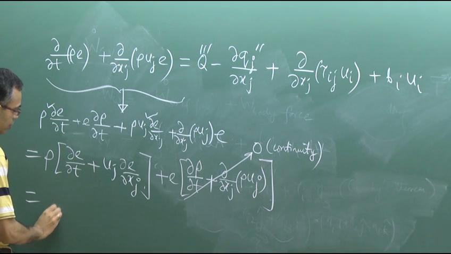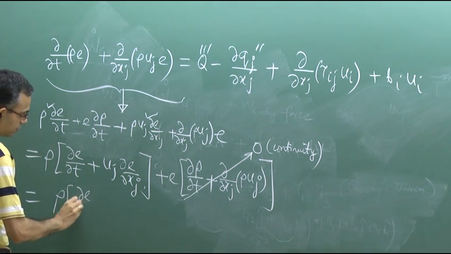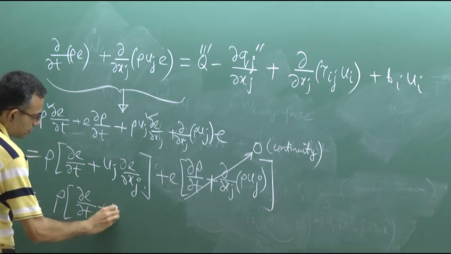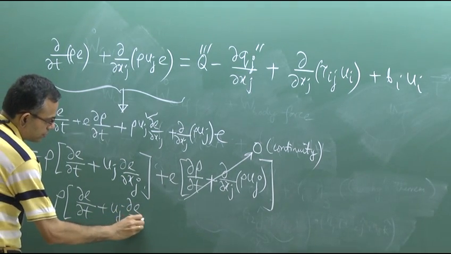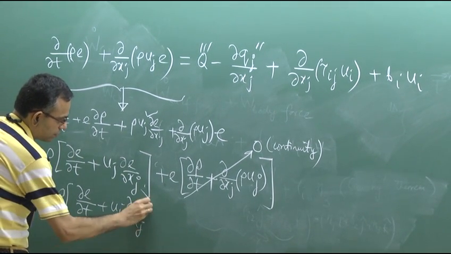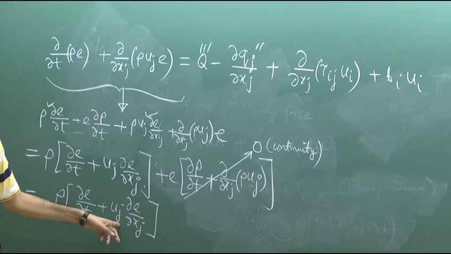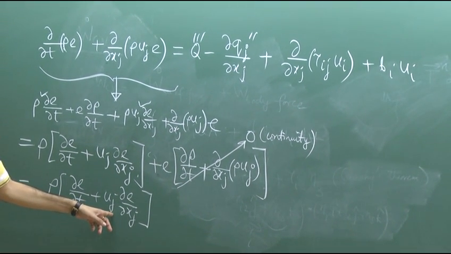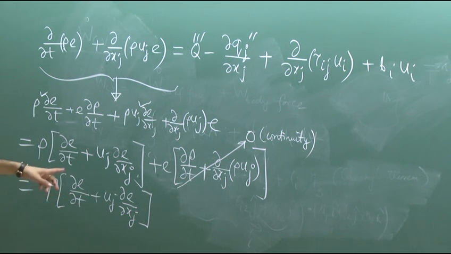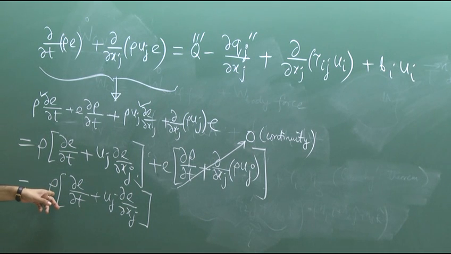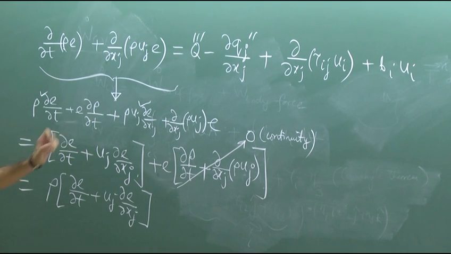So, this becomes rho. So, if it is written in this way, then that is the non-conservative form of the equation. We have to keep in mind, again I am repeating, although rho is coming out of the derivative, that does not mean that rho is a constant. Rho is coming out of the derivative because of simplification using the continuity equation.